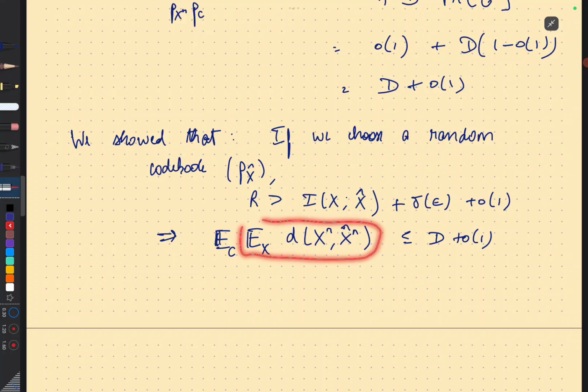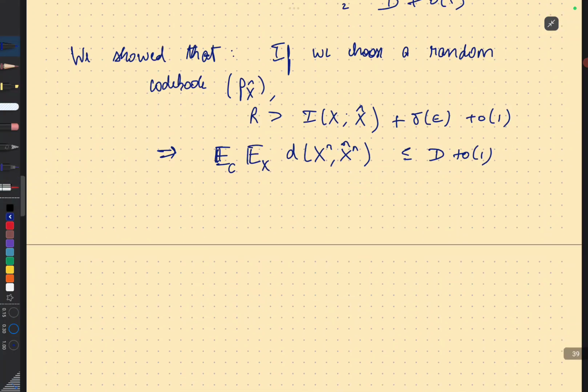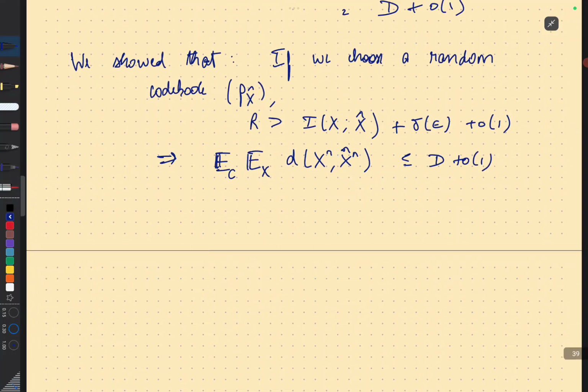But let's say I have a random variable c, drawn according to some distribution.